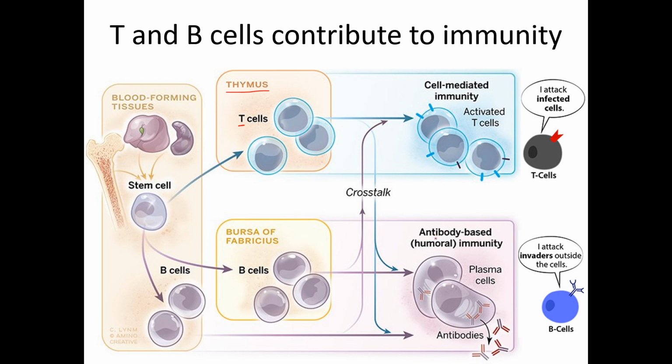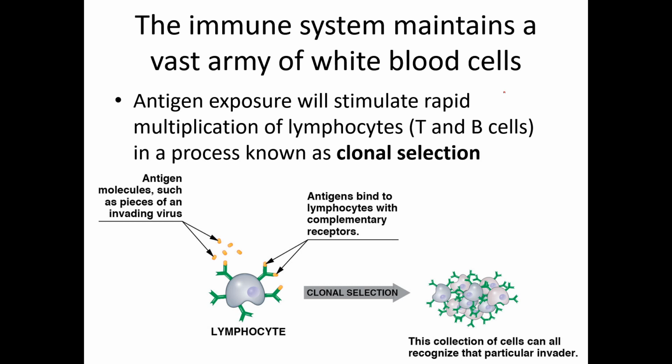This is where they produce these proteins called antibodies that then help to destroy or mark things for destruction that are outside of cells. So B cells aren't doing direct attacking, but they're producing antibodies that attack things that are outside of our cells, or mark our own cells for destruction by these T cells. And we'll get more into each of these one at a time.